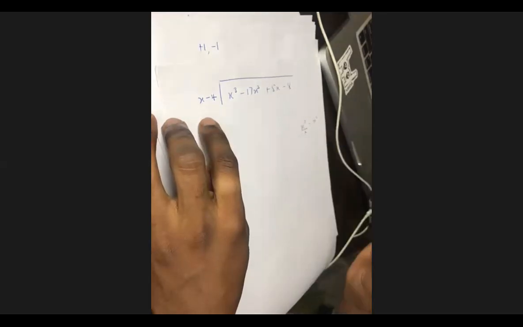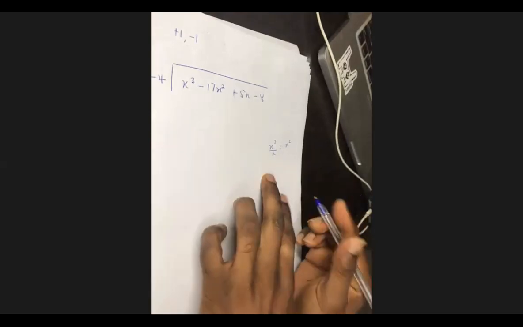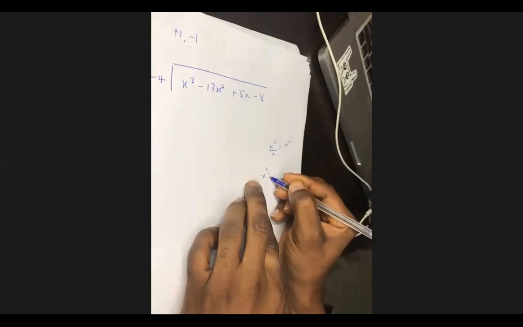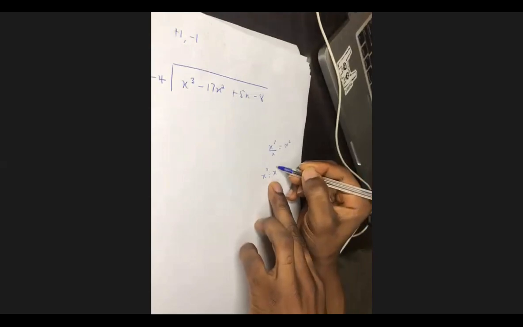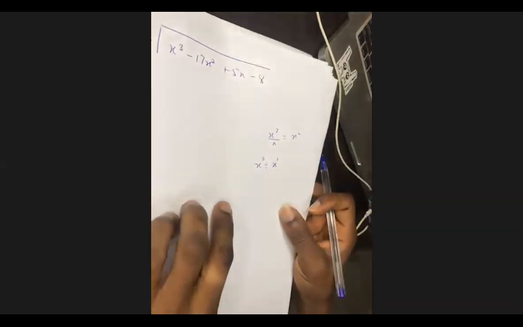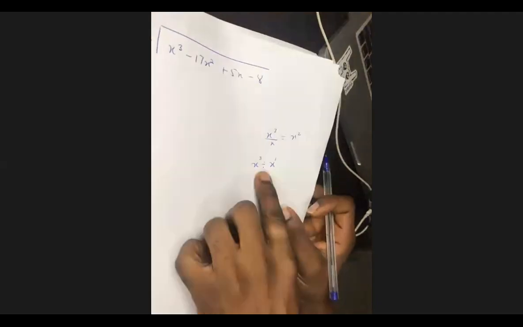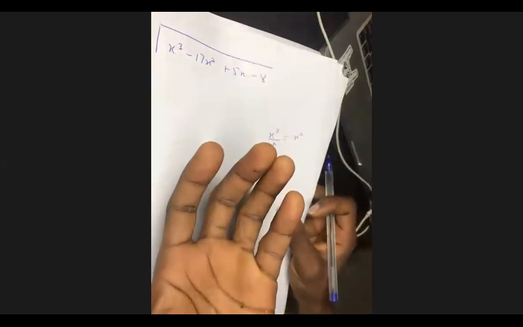Now, by simple indices, JHS, I have x cubed divided by x. Now, any number standing alone is raised to the power 1, but we don't write it. And now once you have division in the middle, it means that pick one of the bases and subtract the exponents.